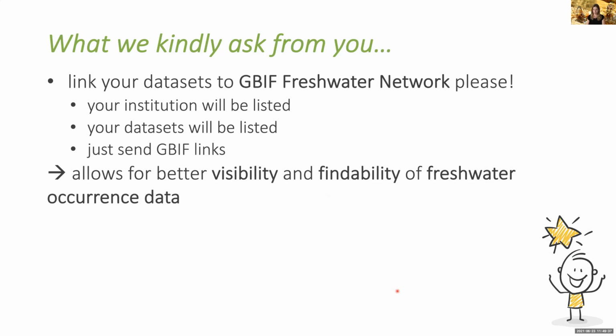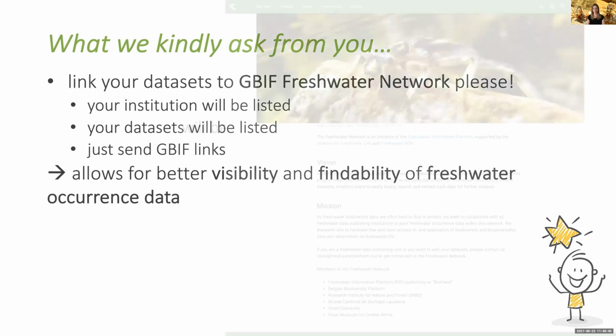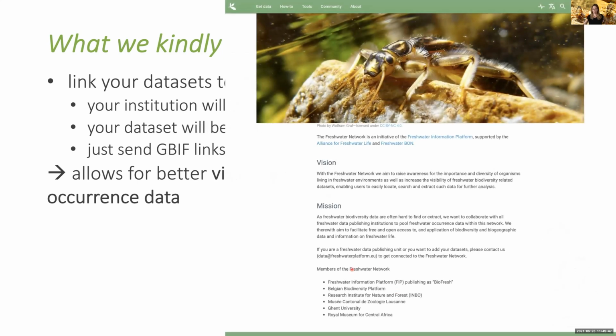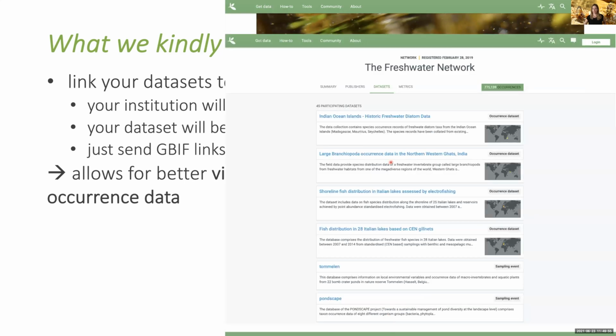And this will allow other freshwater researchers to easily find freshwater data, and your data specifically. So here are the members of the Freshwater Network. Your institution would be listed over here, and your data sets would be listed here. And this would really make it easier for other freshwater researchers, I think.